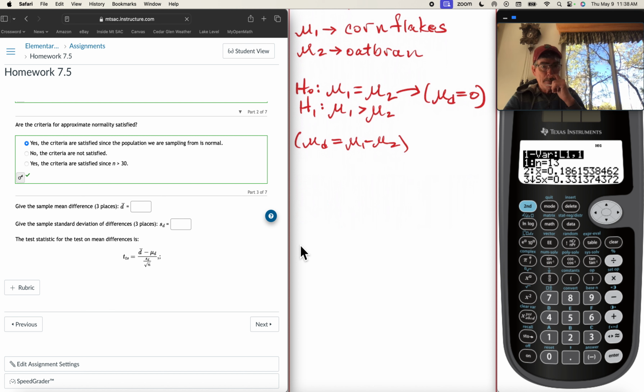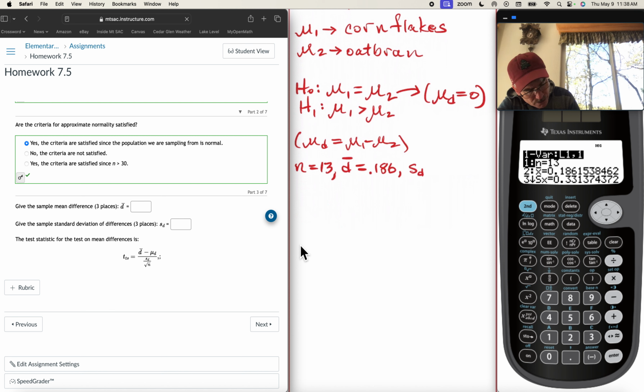Okay, so our N is 13. The X bar is actually D bar. That's the mean of the D's. So we'll change X bar to D bar. It's equal to 0.186. And then SD, the standard deviation of the D's.